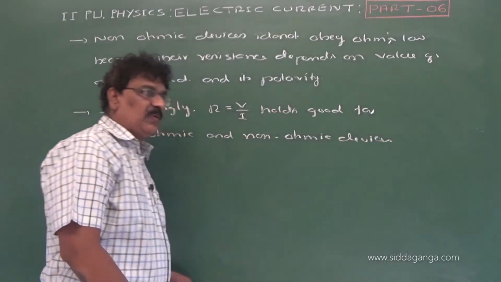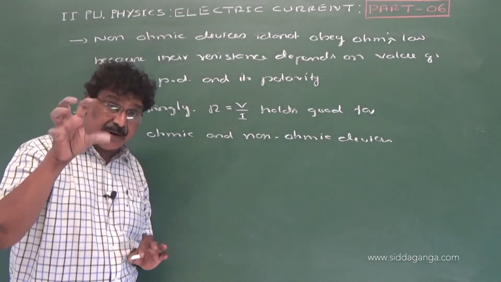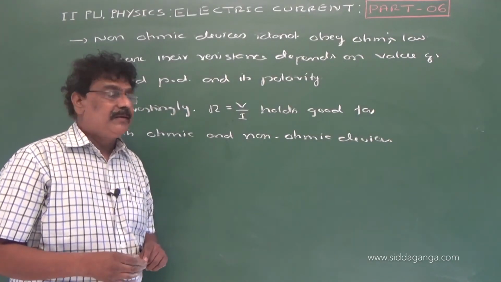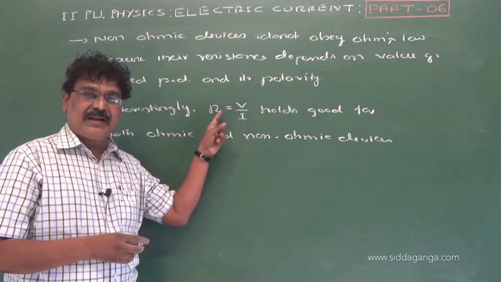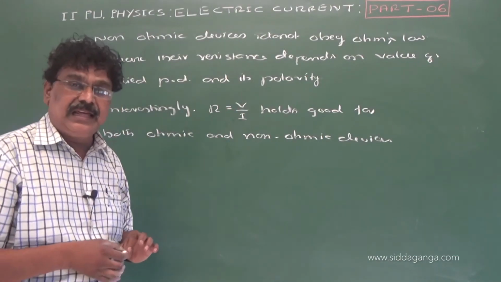See it here. Though we have derived R is equal to V by I from Ohm's law, this equation is the definition of electrical resistance.